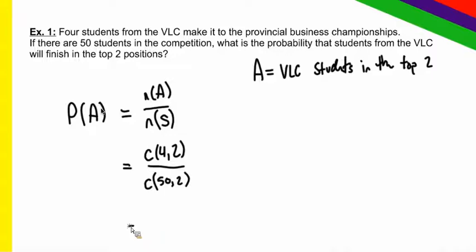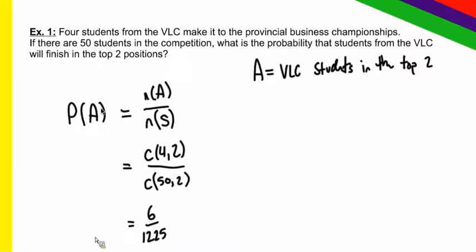So we can go ahead and calculate these then. If we've got 4 students and we choose 2 of them, that's 4 factorial divided by 2 factorial twice over. Now, I think I've made a little bit of a mistake here. 4 factorial divided by 2 factorial twice is actually going to give us 6.